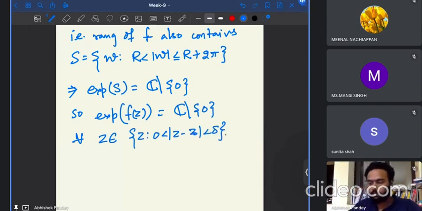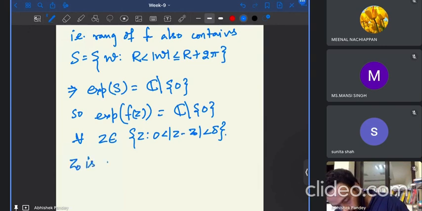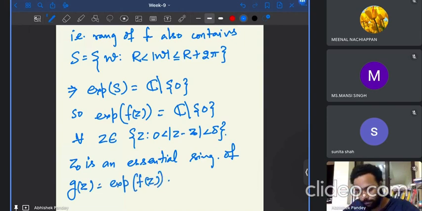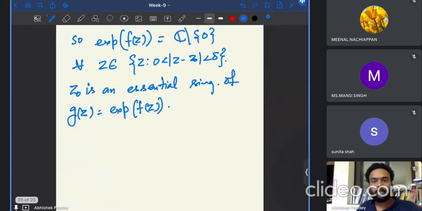Now what does it mean? It means that z naught is an essential singularity of g(z) equals exponential of f(z). Similar things one can do if z naught is an essential singularity.